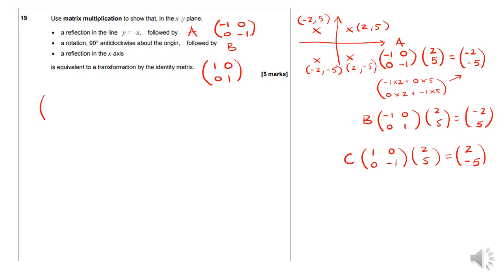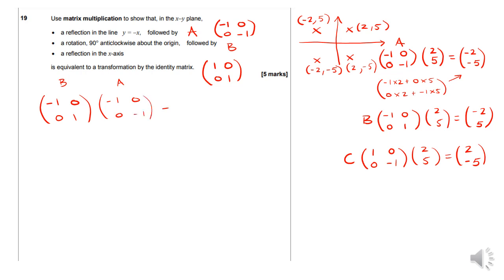So I start off with my matrix of B multiplying against A. So I'm going to multiply B, which is negative 1, 0, 0, and 1. We'll just note that up as B. I'm going to multiply that by A, because that's my start point. So negative 1, 0, 0, and negative 1.